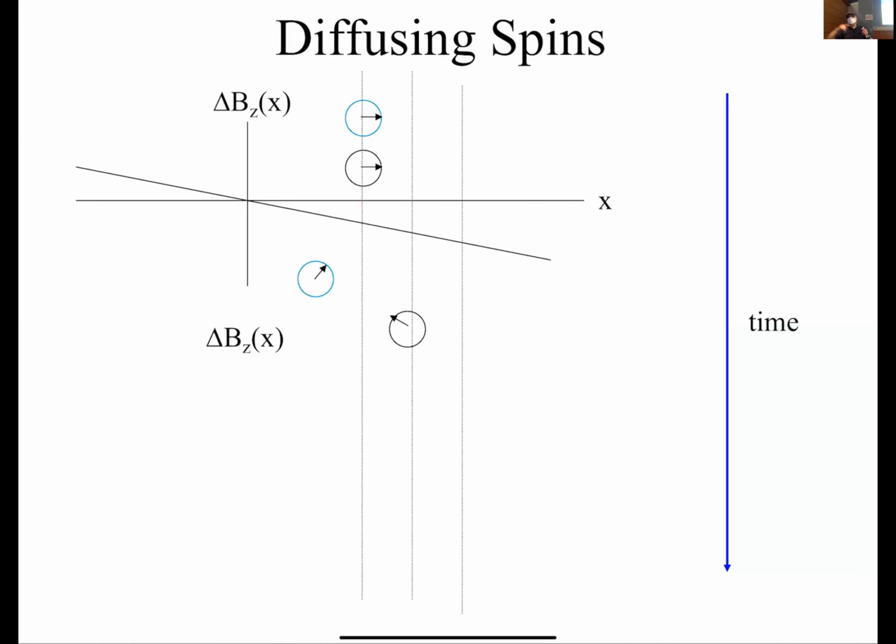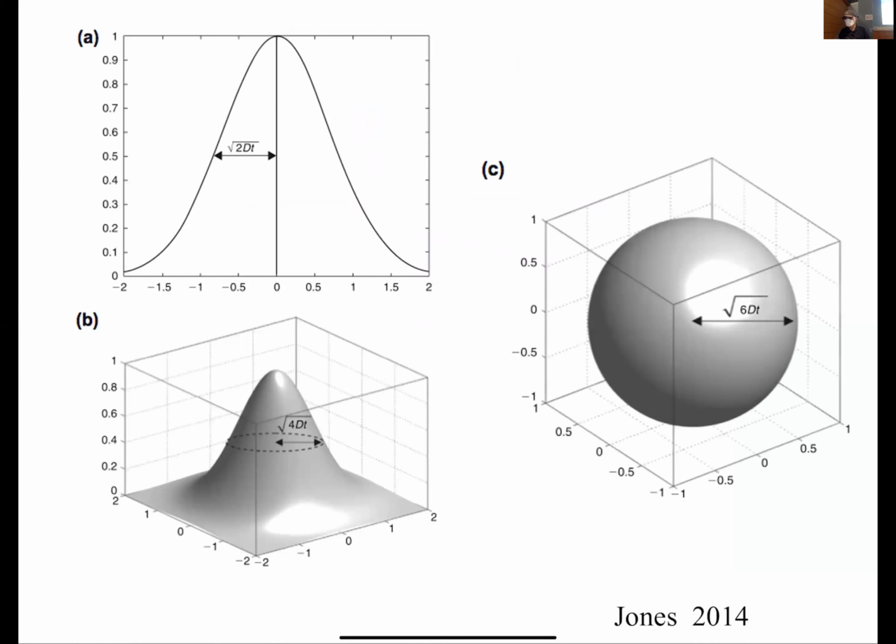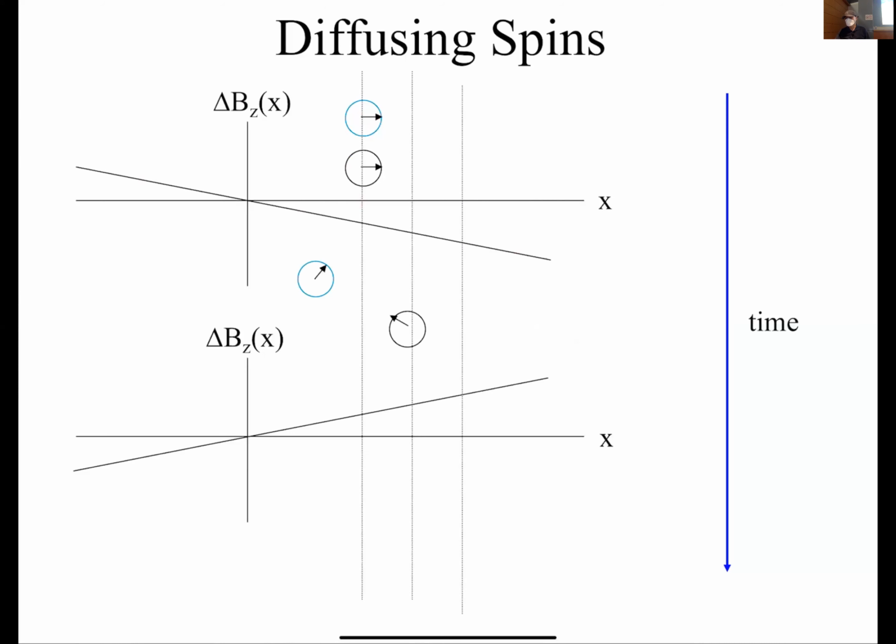But if they're diffusing, one's going to go one way and one's going to go another way, right? They're just going to randomly move around. So they're actually going to move into different parts of the field. I apply that gradient for some amount of time, and then I apply another gradient that goes in the opposite direction for the same amount of time.